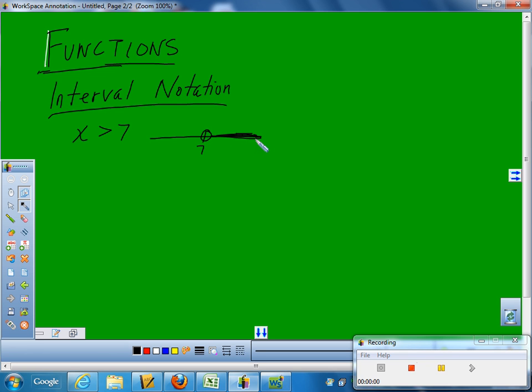Interval notation is another way to write that same thing. What you do is you write down the number on the left where this starts, which is starting at 7. How far to the right is it going? To infinity. So you go 7 to infinity.